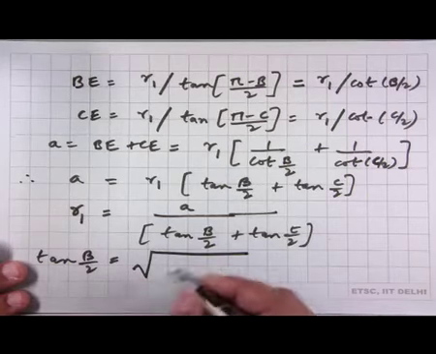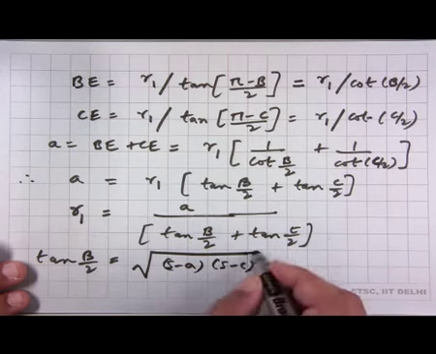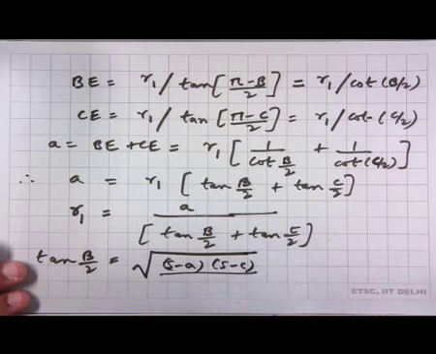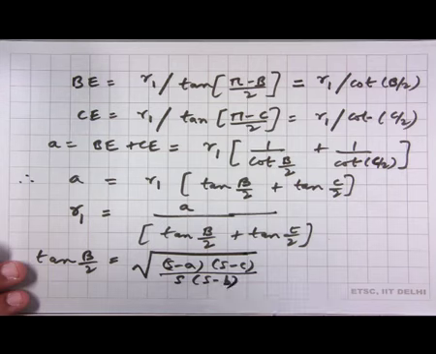square root of S minus A into S minus C divided by S into S minus B, and we get a similar expression for tan C by 2.